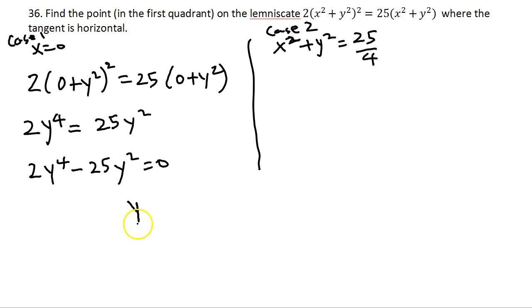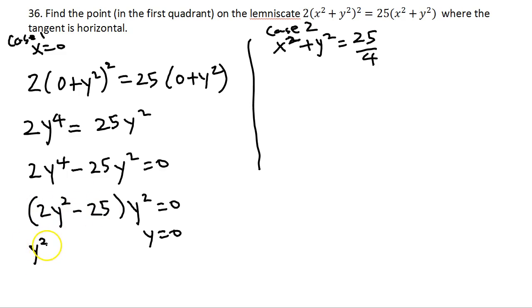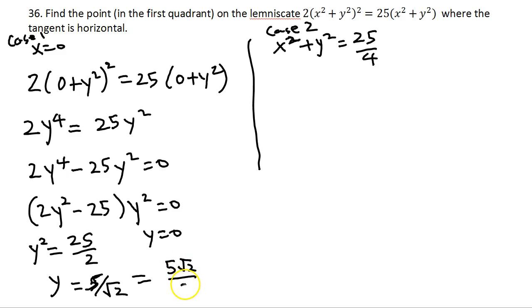And if I factor the y squared, I end up with y squared times 2y squared minus 25 equal to 0. So this can only happen either when y is 0 or when this is 0. When is this 0? That's when y squared is equal to 25 over 2, which means y is 5 over square root of 2. And if I rationalize the denominator, it's 5 radical 2 over 2.